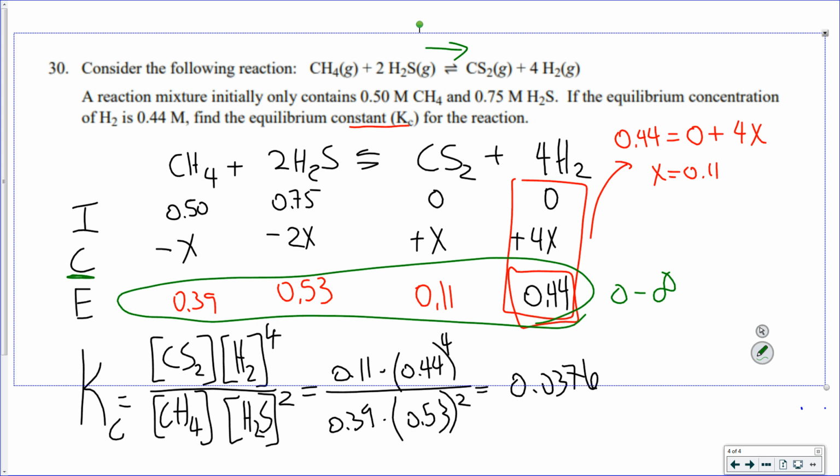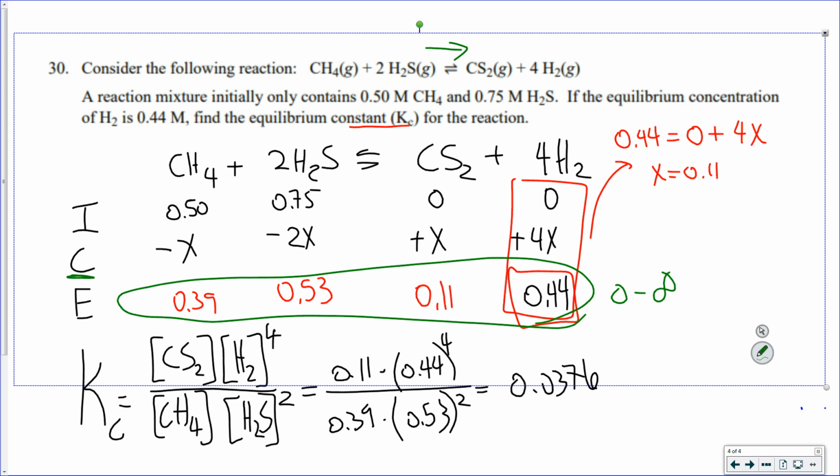There's no choice. If there had been other concentrations other than 0, I would either have to make the assumption that it's going forward, or I'd have to solve for what Q is and compare Q to K. But on this one, I don't know what K is, so I can't compare it to Q. So you just have to make the assumption of going forward.